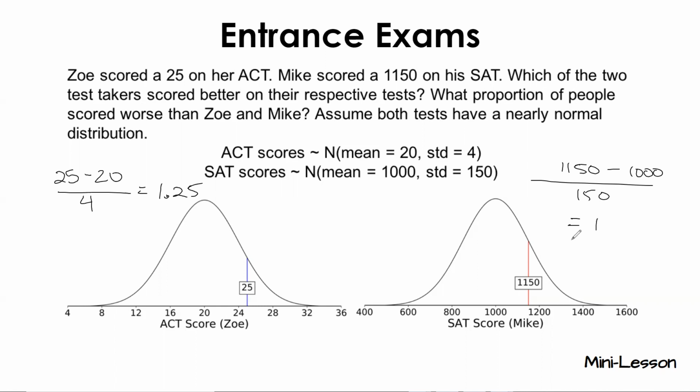Remember, our z-score tells us how far from the mean this is. So this is 1.25 standard deviations above the mean. This is only 1 standard deviation above the mean. Which one did better?